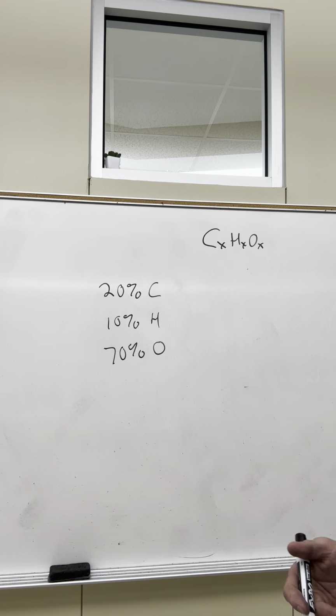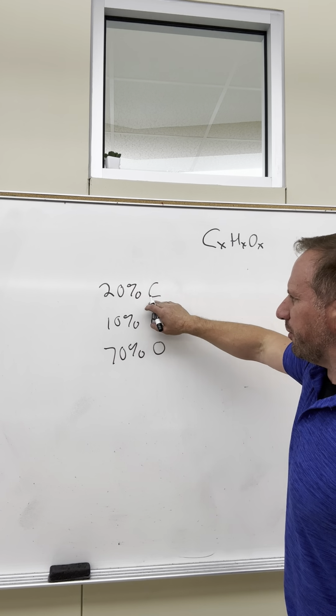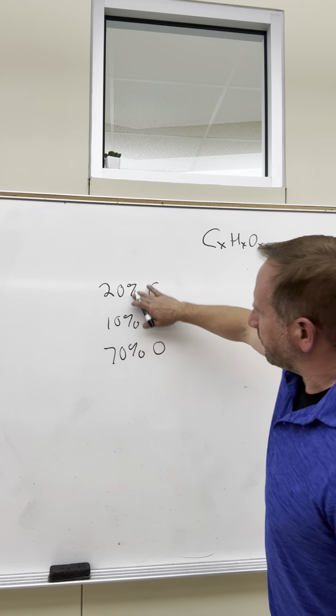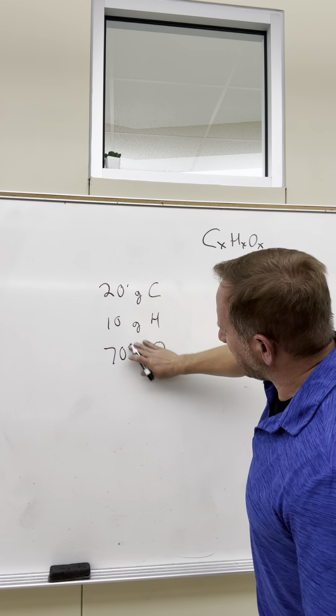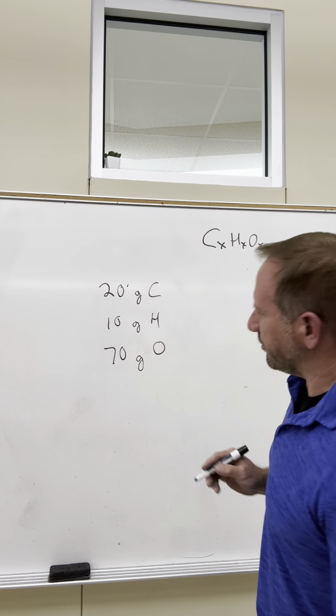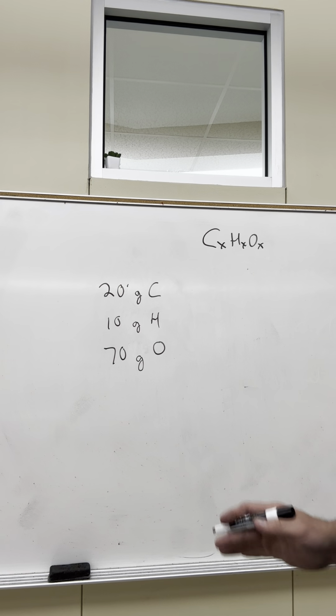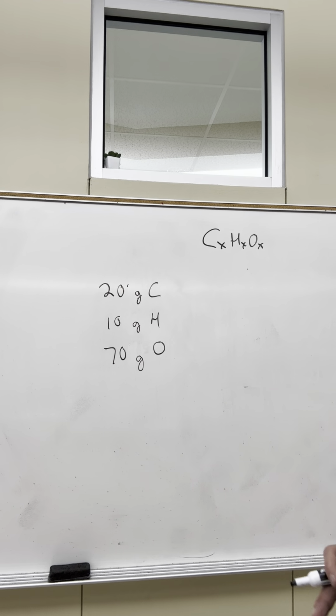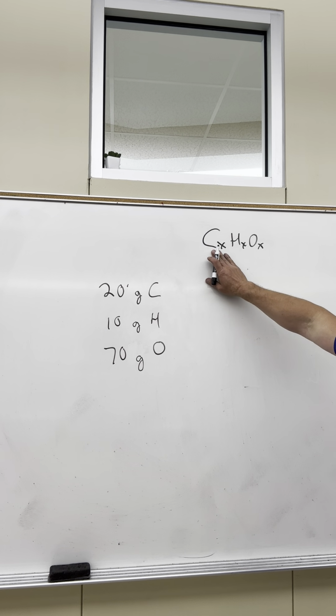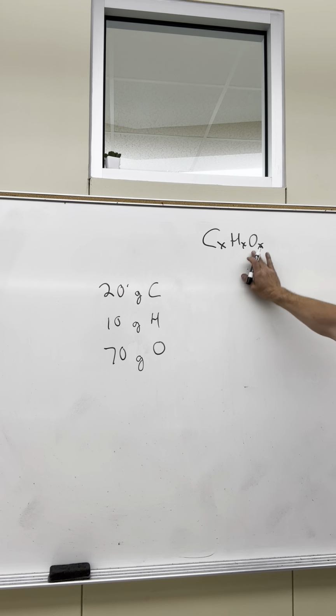So what we'll end up doing is we'll take this 20% carbon and pretend we have a 100-gram sample. So I got 20 grams of carbon, 10 grams of hydrogen, 70 grams of oxygen. And if you notice, it's O, not O2, because this is not diatomic oxygen, it's the oxygen that's up here. Now, this is saying whatever number of carbons to whatever number of hydrogens to whatever number of oxygens.